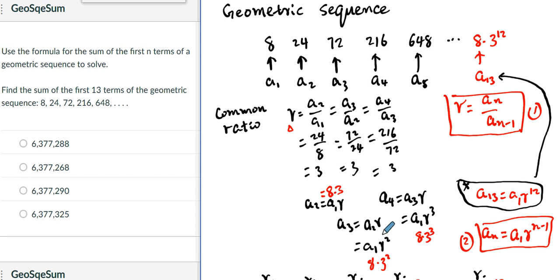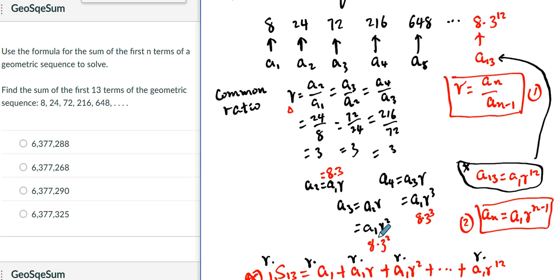So if you want to start with the first term, that will be 8 times 3, and then times another 3, you should get the third term. So 8 times 3 squared is A1 times R squared, which is the third term. Similarly, A4 is the first term, 8 times 3 cubed.